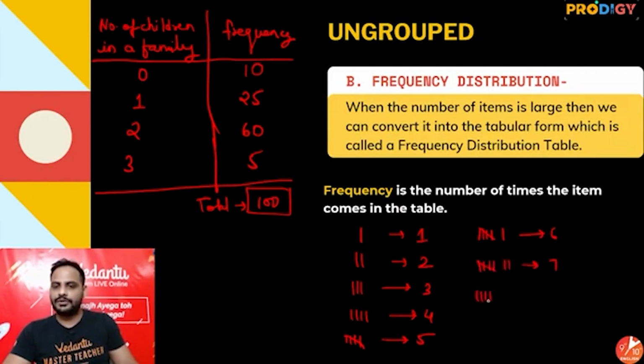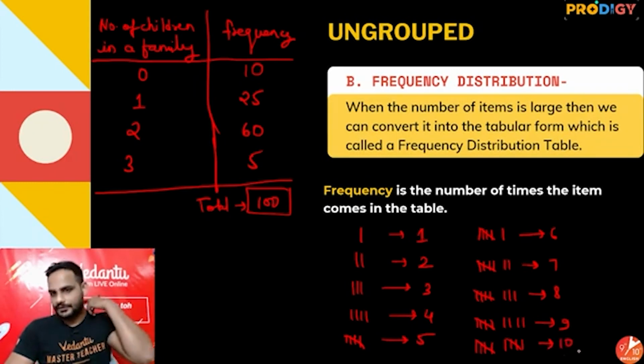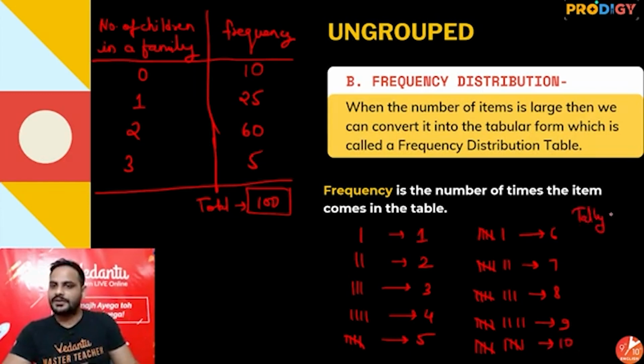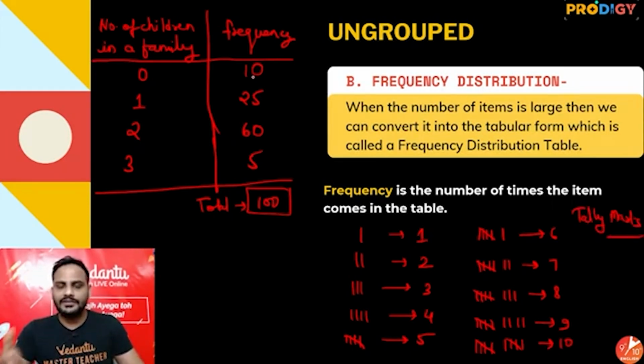Then 8, 9, and 10 similarly. So this way, these are called tally marks. Sometimes they'll ask you to make a tally marks table. So that is nothing, you have to write the frequency in the form of tally marks.